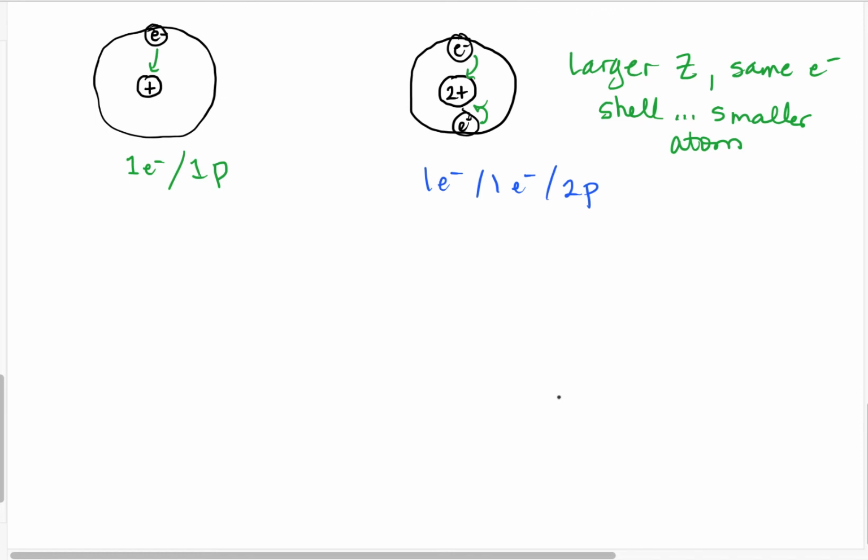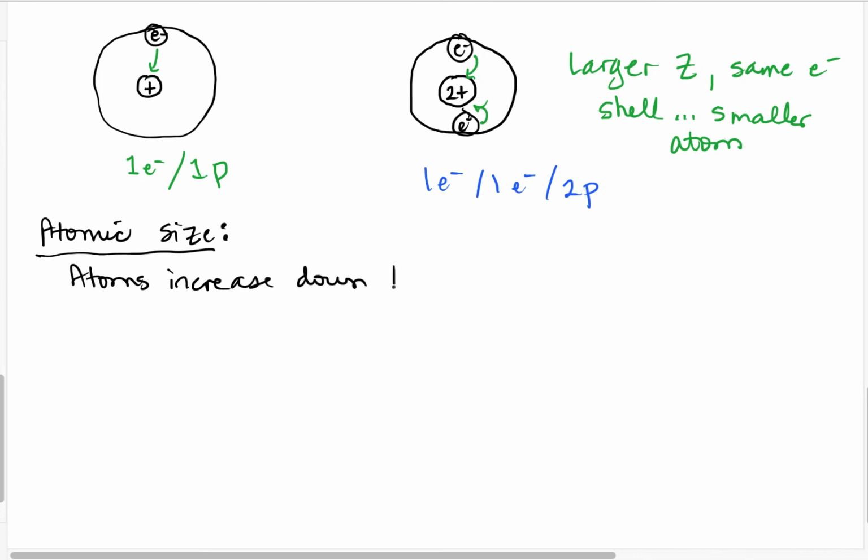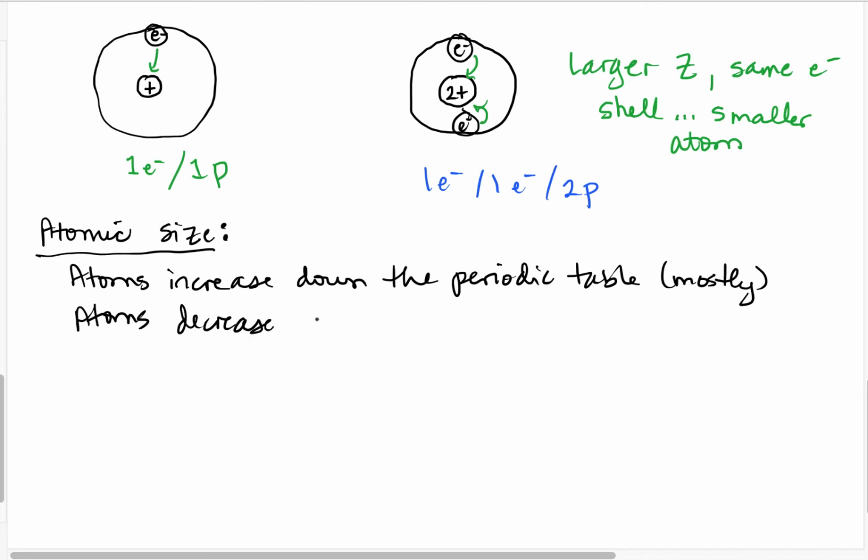So that's our second part of our periodic trend, that the atomic size periodic trend says that atoms increase in size down the periodic table, mostly, and they decrease across the periodic table mostly.